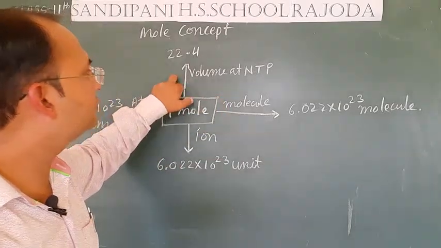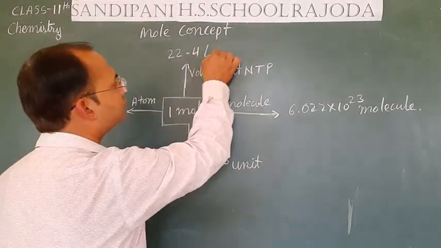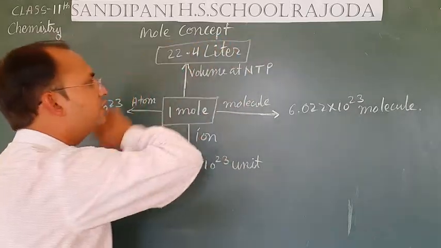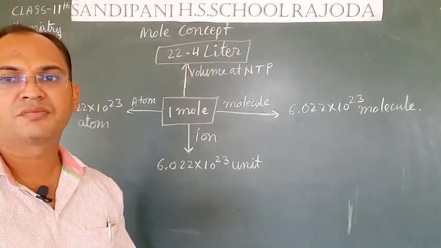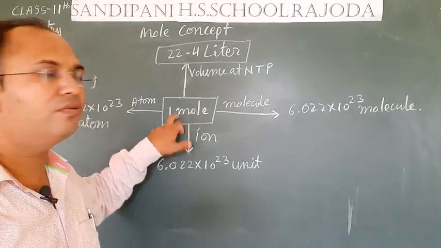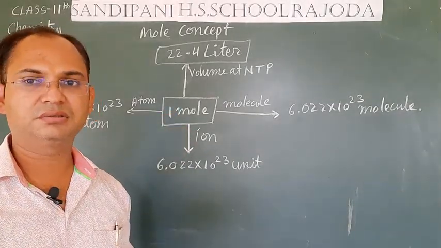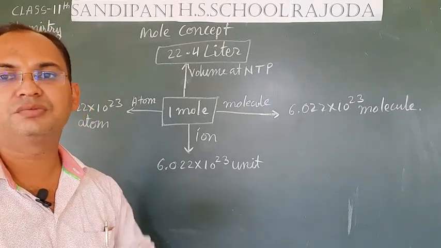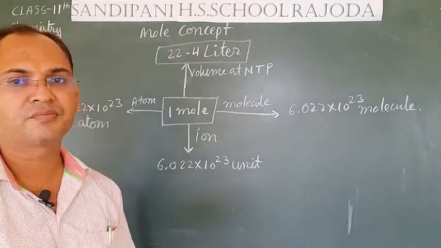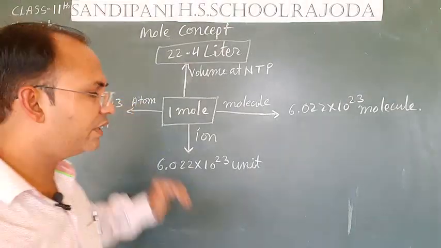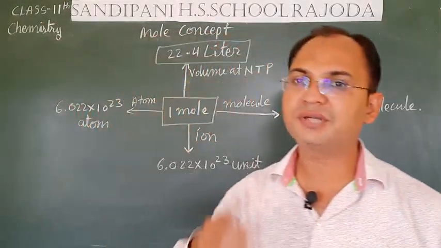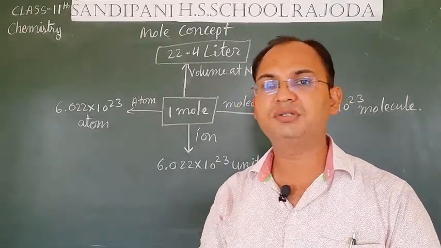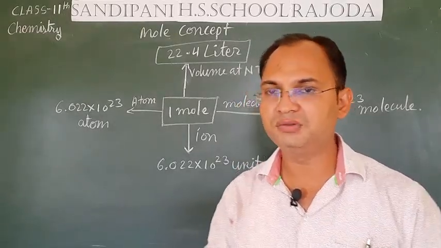If we talk about the volume, then at normal temperature and pressure, the volume of 1 mole of any gas that we take at NTP is equal to 22.4 liter, and the number of atoms of any substance is equal to 6.022 into 10 to the power 23 units or atoms.